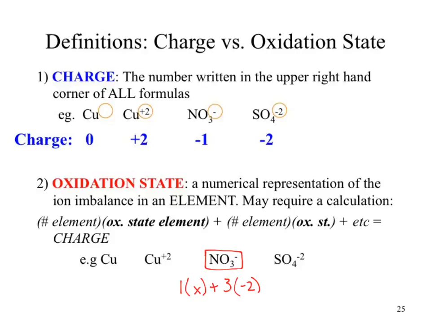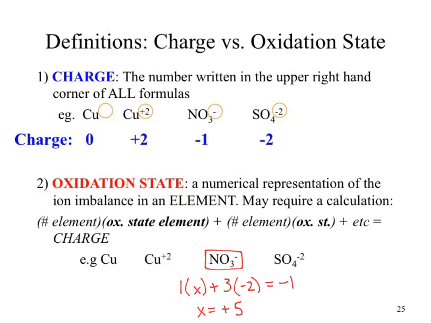This is one of the rules you have to have memorized. Oxygen will carry a -2 charge. What's the next element? Nothing. So this then has to equal the overall charge. What is the overall charge on the compound that's containing nitrogen? -1. Can you now solve for x? Yep. And you'll solve for x and get x equals, now whoever shouted it out over here, +5.